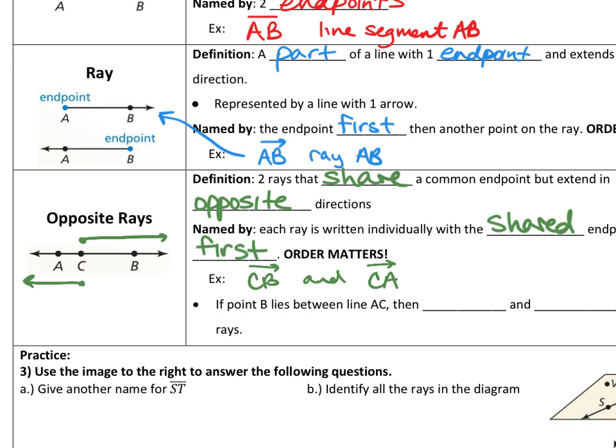Those are opposite rays. If point B lies between line AC, then BA and BC are opposite rays. That's the textbook definition of it. But I think it's easy to see in a picture that they kind of make a line when you put them at the same endpoint because they are opposite rays.